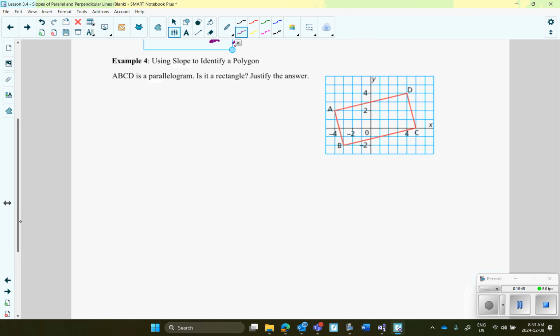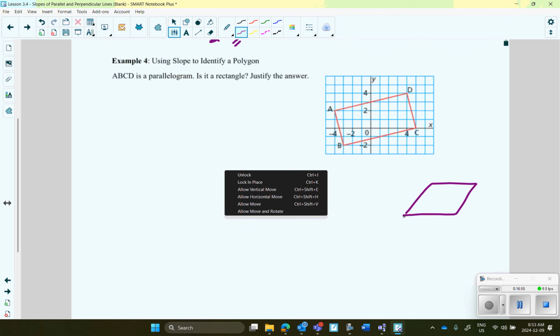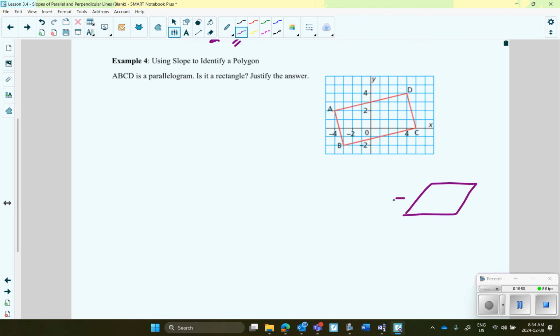Okay, they're also equal. And if we took a parallelogram and moved everything to 90 degrees, we'd get a rectangle. The opposite sides are still parallel, and the opposite sides are still equal.